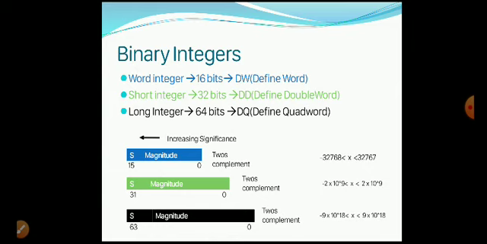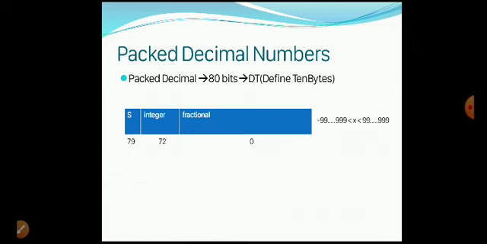Okay, next one is the packed decimal numbers. Basically, the packed decimal number is your simple decimal number. It has only three fields: sign, integer and fraction. The integer is a simple number.